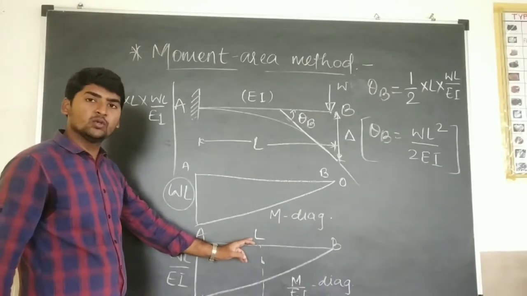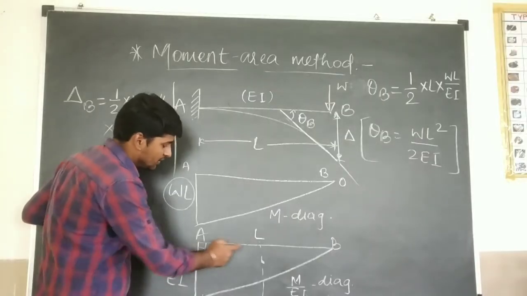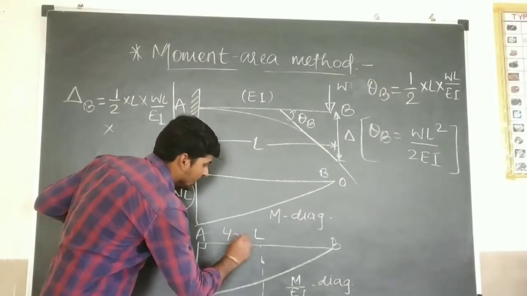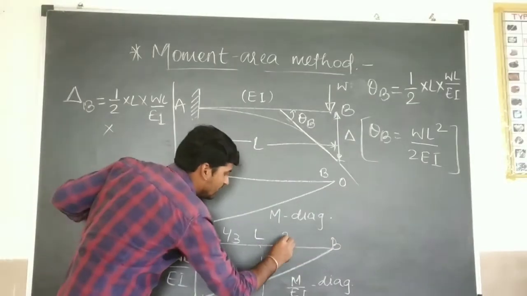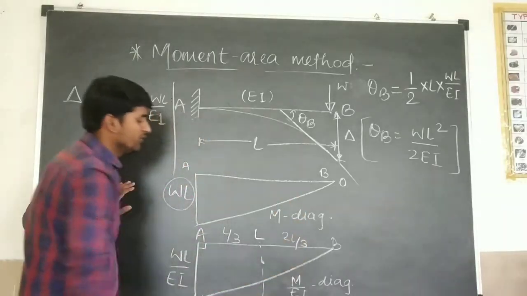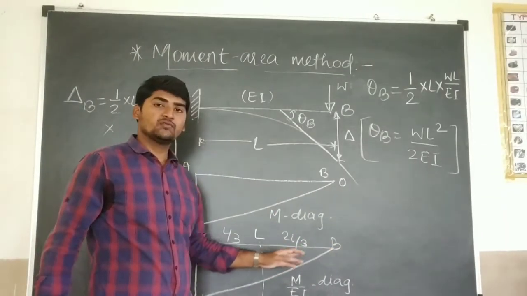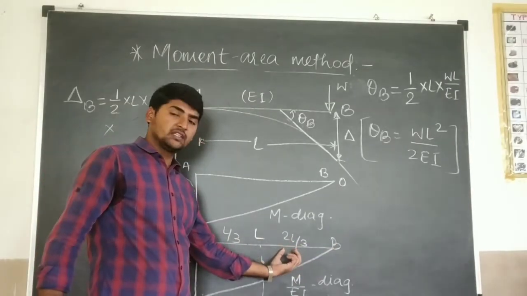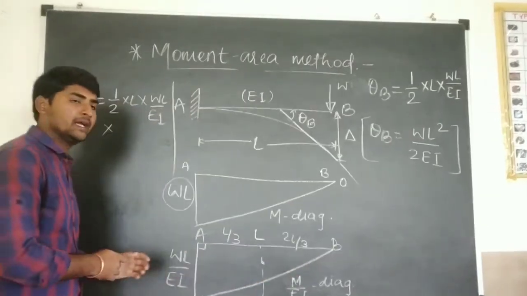Then we already know that the distance of CG from the perpendicular will be L by 3, and from the other end it will be 2L by 3. We have to take the distance from point B, because we are calculating the area from B to A. So the distance of CG from point B will be equal to 2L by 3.